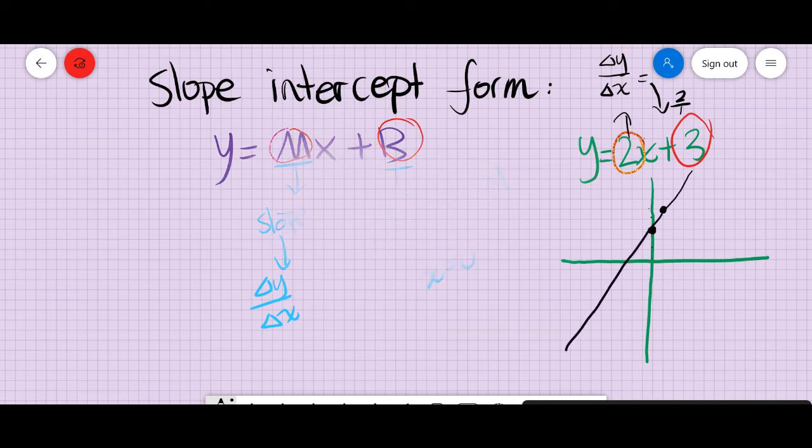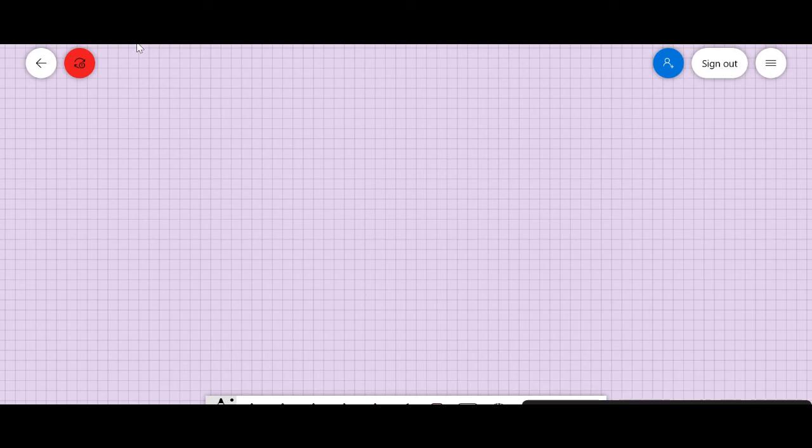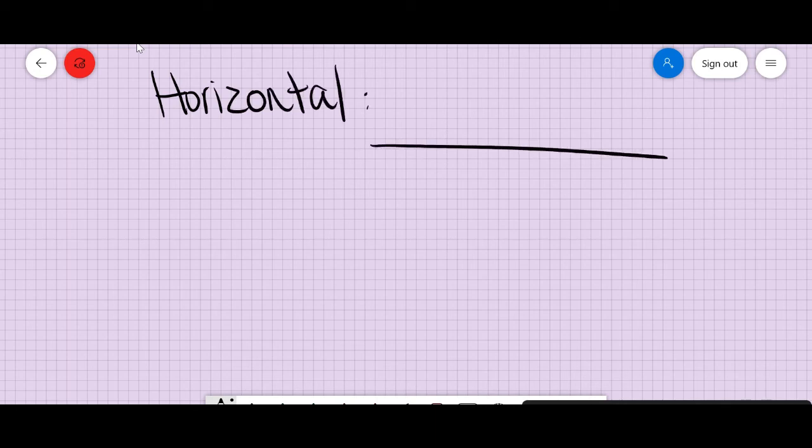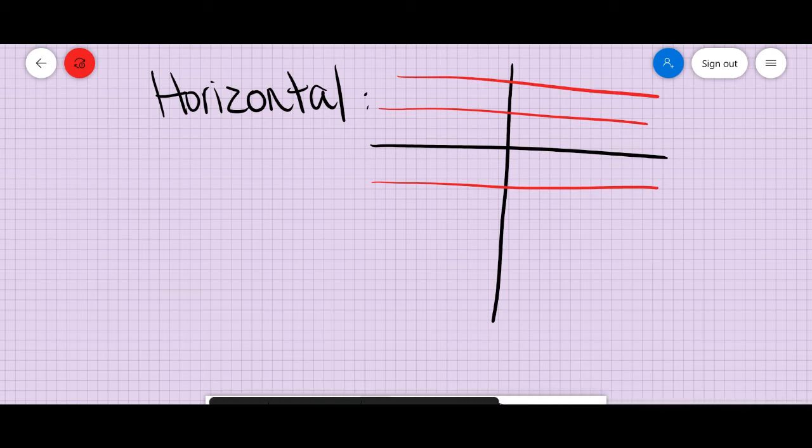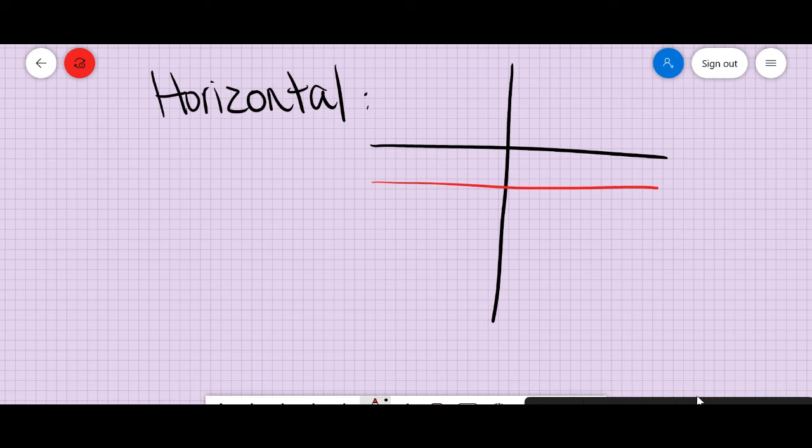Okay, so now let's talk about some extreme things, like when the line is a horizontal line. Horizontal line, it looks something like this. Or it's here, it might be here, it does not matter, because where it is is determined by the y-intercept.